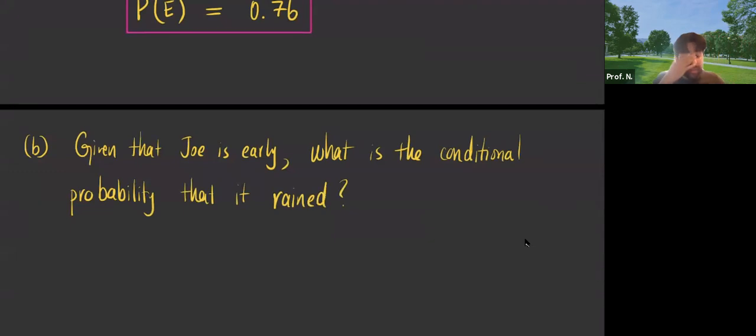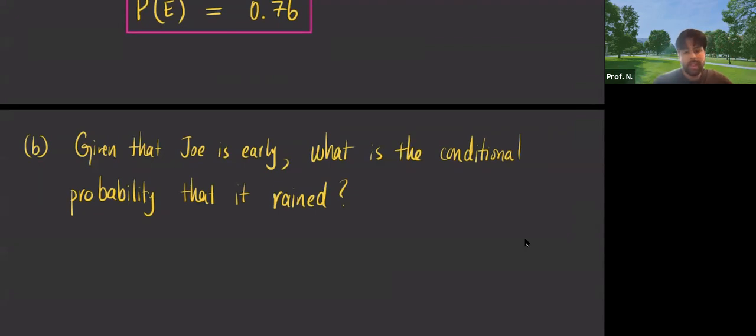Do you see how we've used the fact that it rained to find the probability of him coming early or late? Now we're going to ask the opposite question in reverse. Given that he did come early, what's the probability that it did rain?